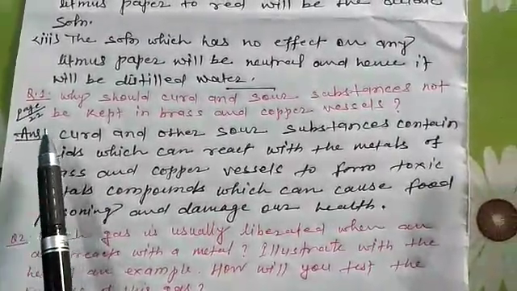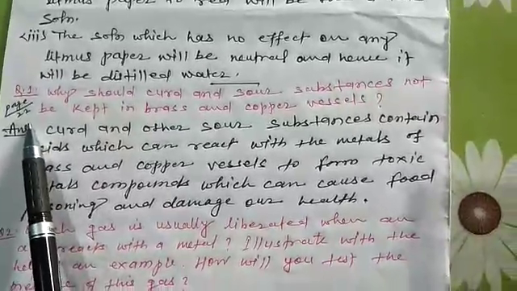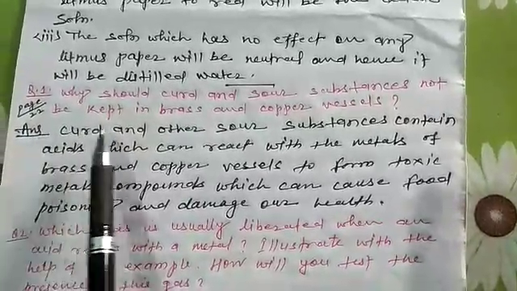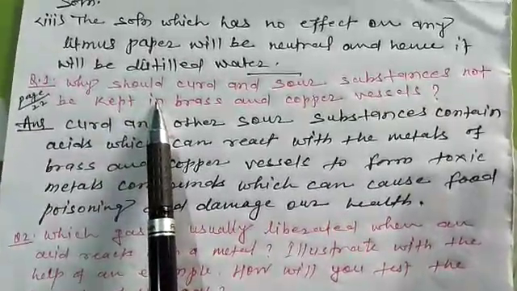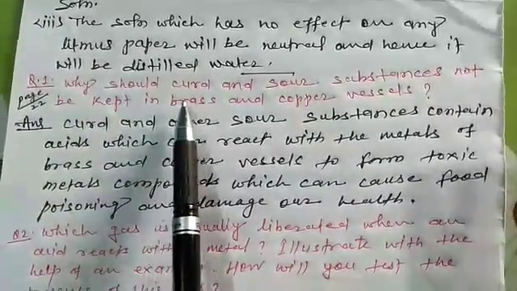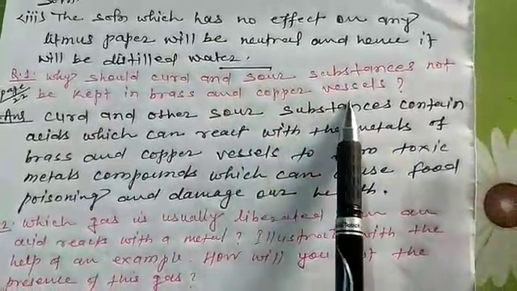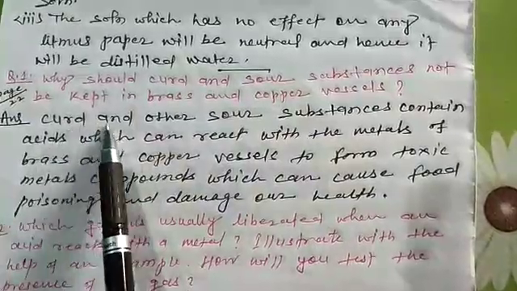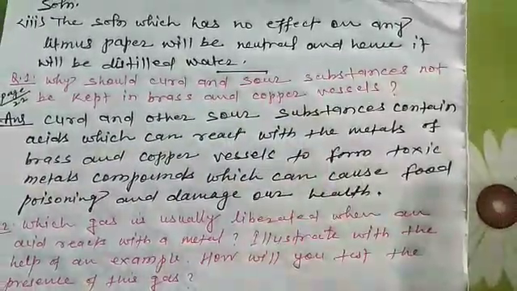Now, in-text question number 1 of page 12. Why should curd and sour substances not be kept in brass and copper vessels?